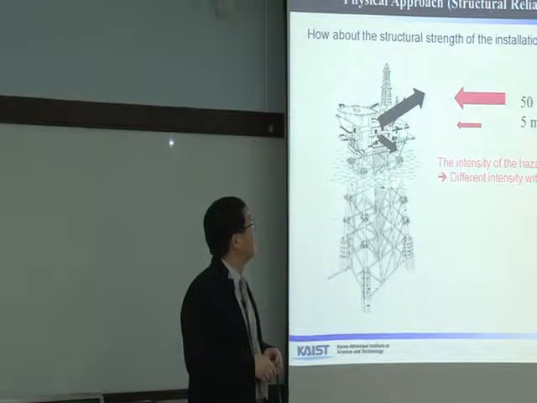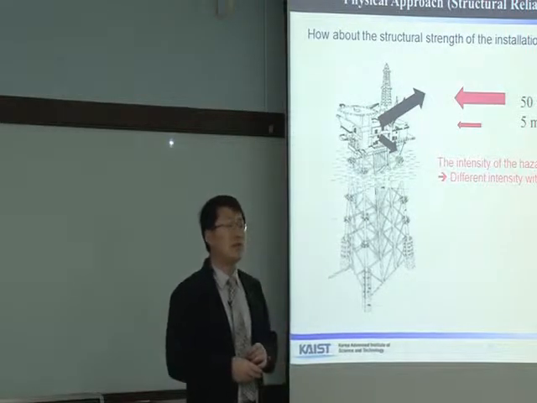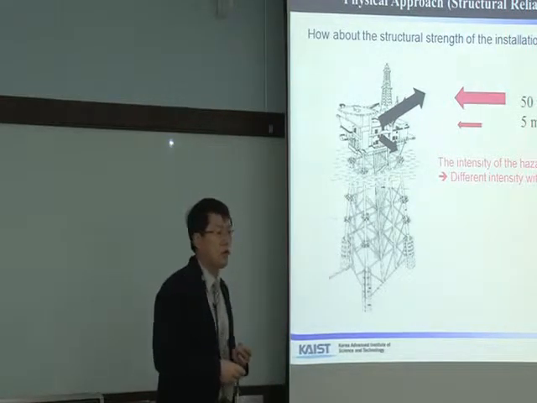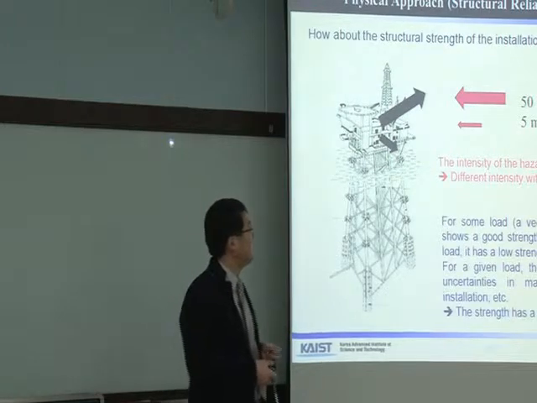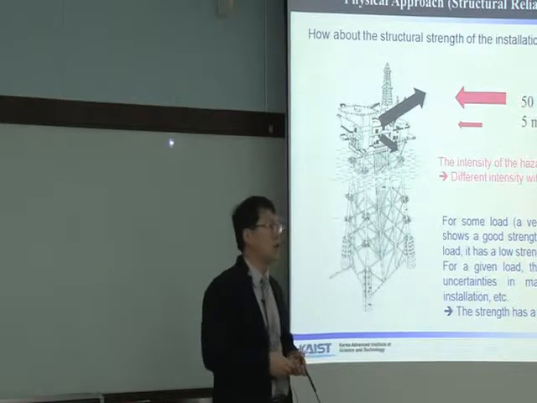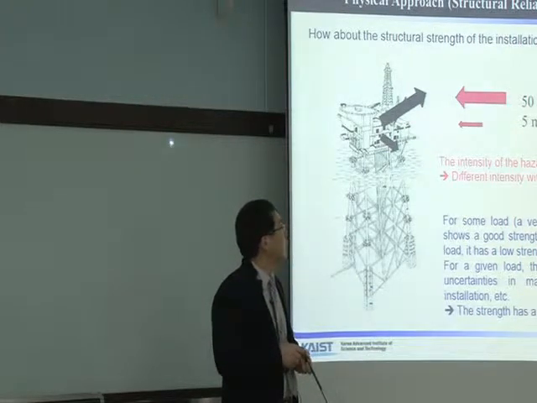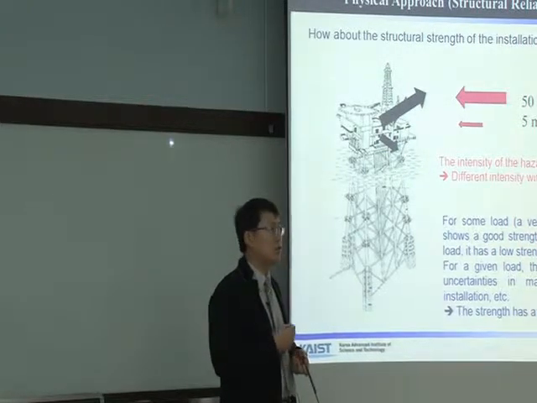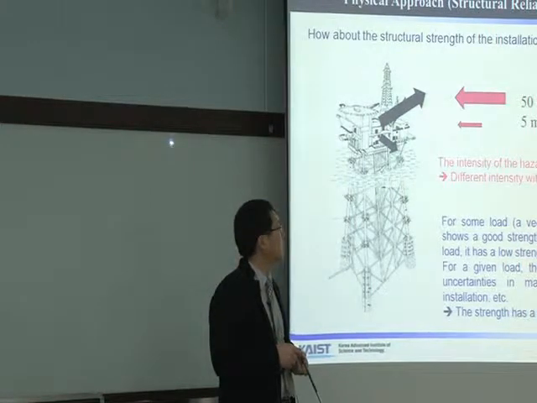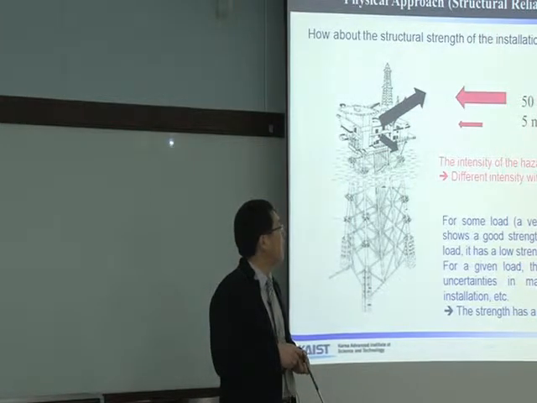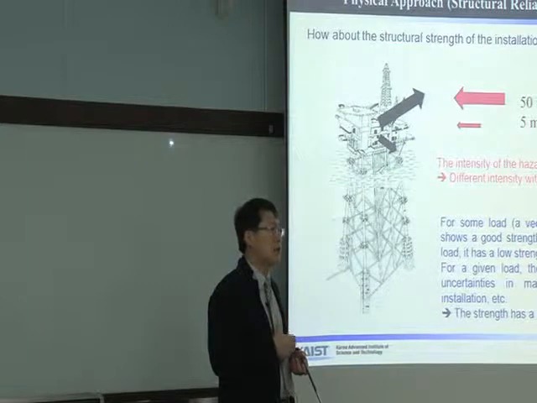Then consider the structural strength of the offshore installation. As you know, the load is a vector quantity. For some load, the structure shows a good strength. And to the contrary, for other loads, it has a low strength.